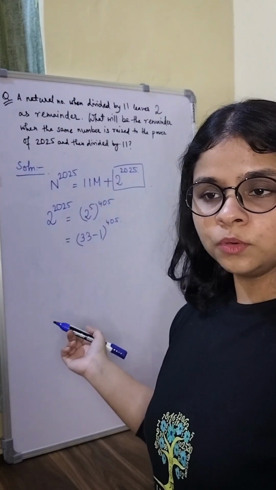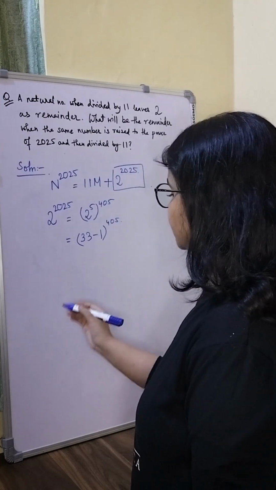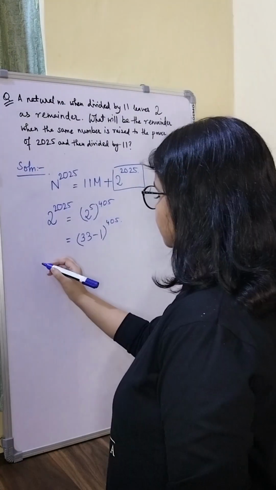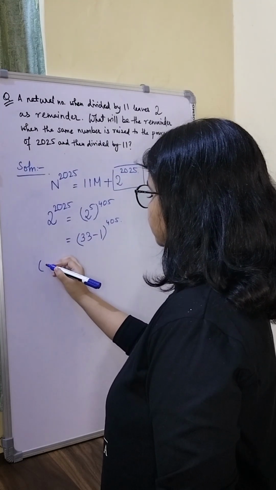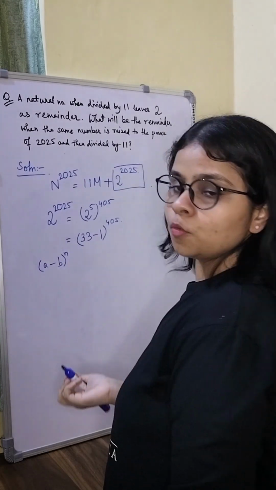Now, to find out 33 minus 1 whole to the power 405, we go back to binomial expansion. Okay? So, a minus b whole to the power n, what is it?